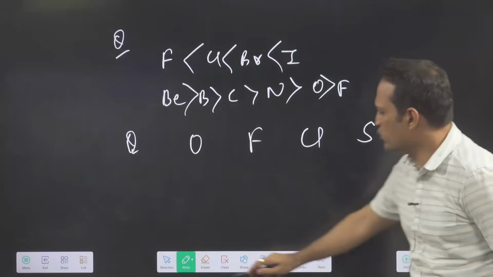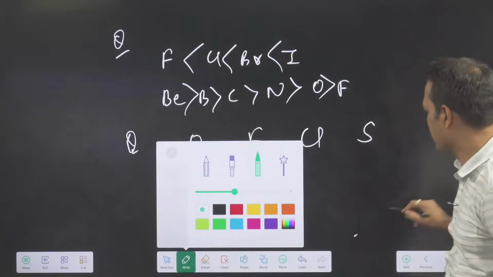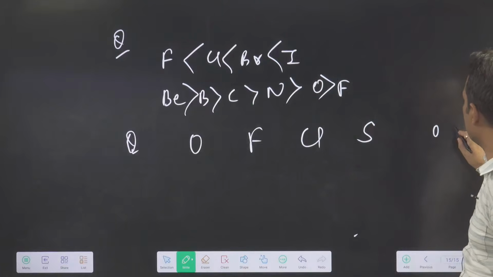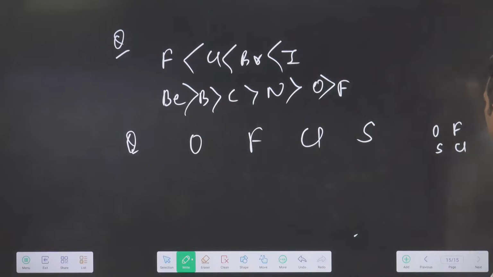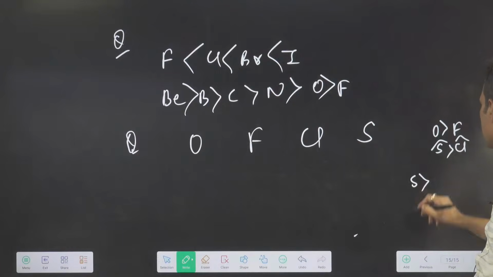So first of all, you should arrange it in a periodic table. Ki where it is lying, like oxygen is here, fluorine is here, sulfur is here, chlorine is here. So this one is bigger, this one is bigger. ठीक है ना? So it is looking कि sulfur is biggest and fluorine is smallest.